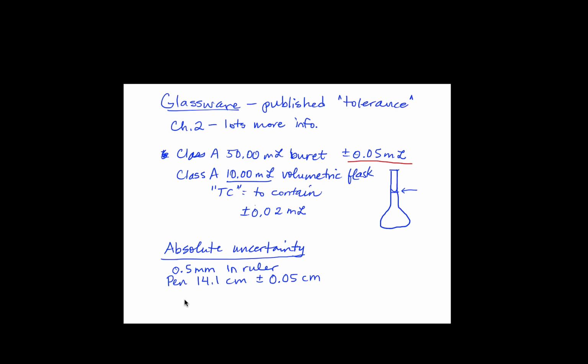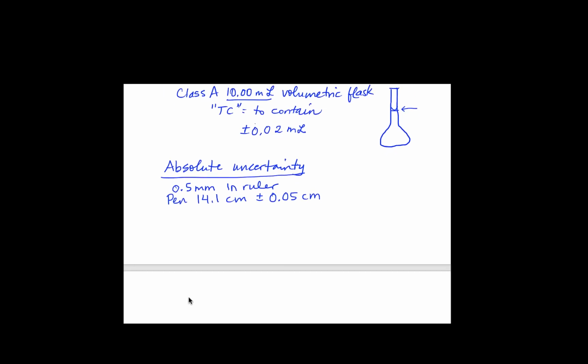So rather than just talking about the absolute uncertainty, how big that actual uncertainty is, it's sometimes better to talk about the relative uncertainty. How big is the uncertainty compared to our measurement? And sometimes we also calculate the percent relative uncertainty as well.